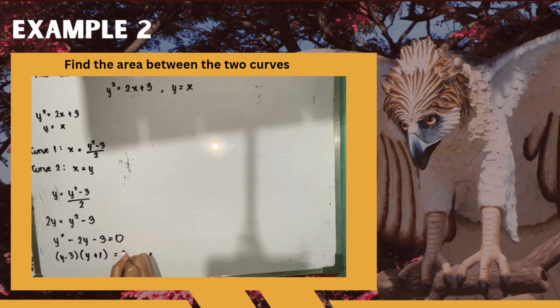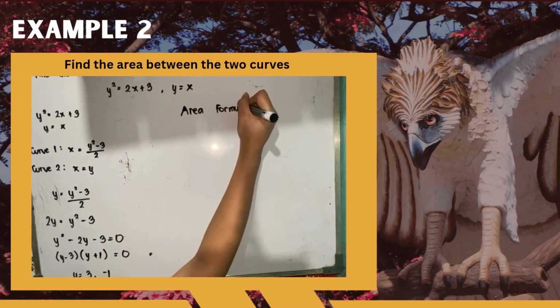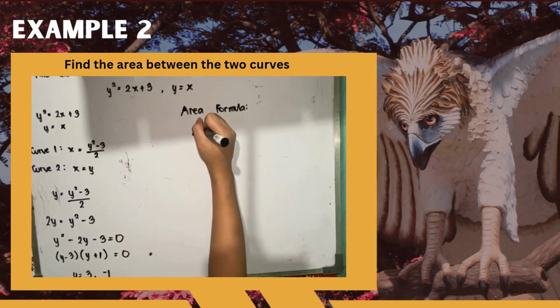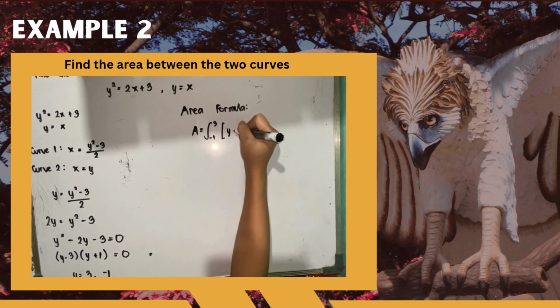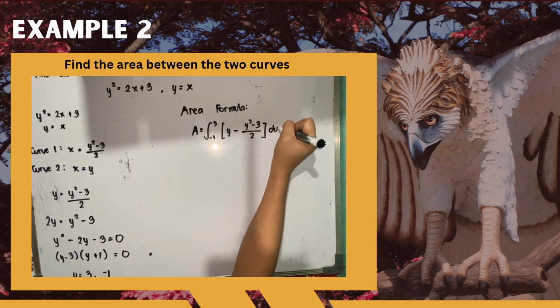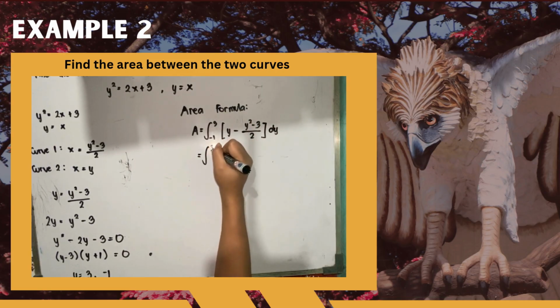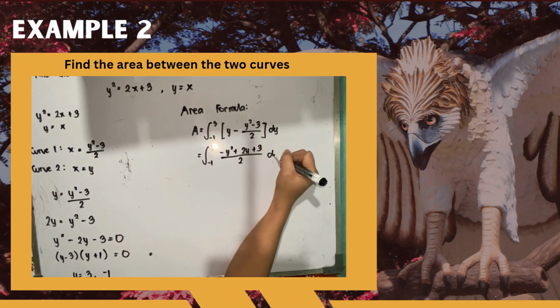So we have to set up our integral with respect to y. Right minus left, so x equals y minus y squared minus 3 all over 2. The area equals the integral from negative 1 to 3 of y minus y squared minus 3 all over 2 dy. We simplify the integral to the integral from negative 1 to 3 of negative y squared plus 2y plus 3 all over 2 dy.